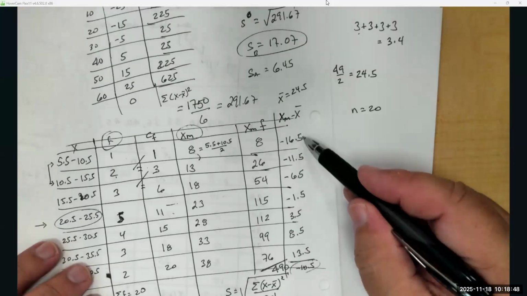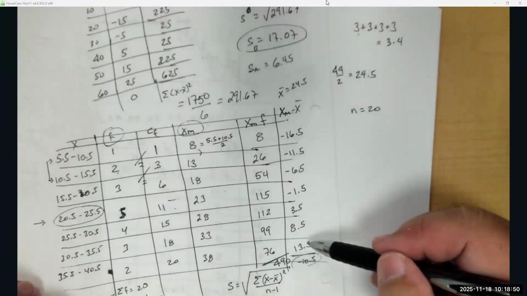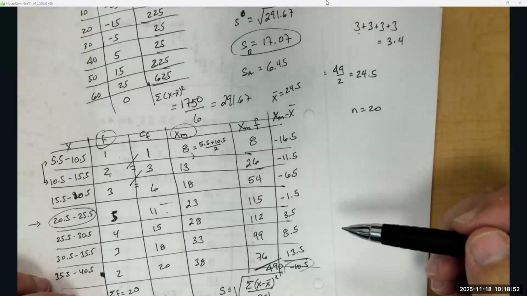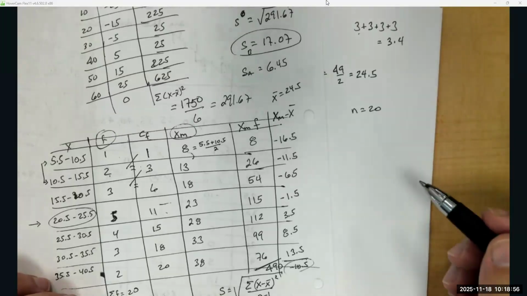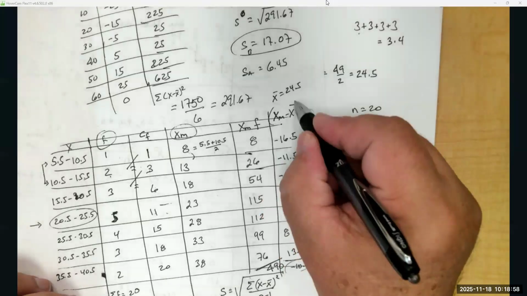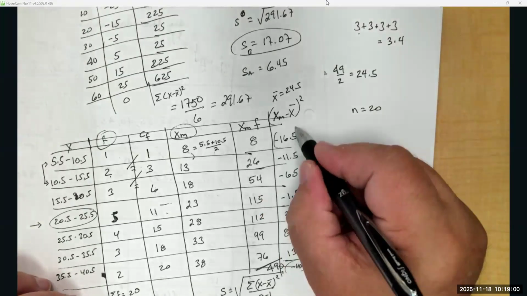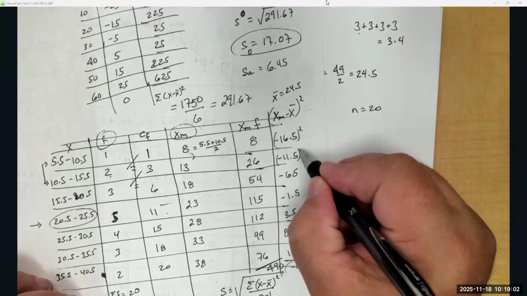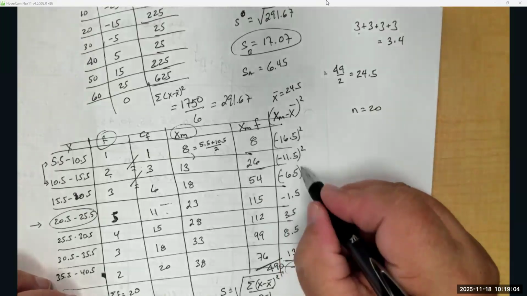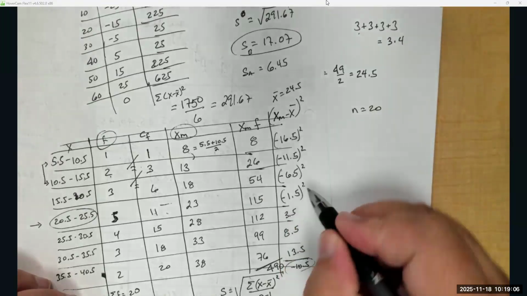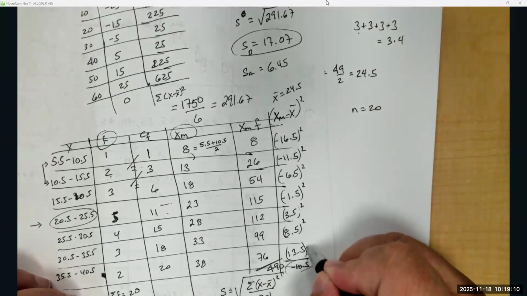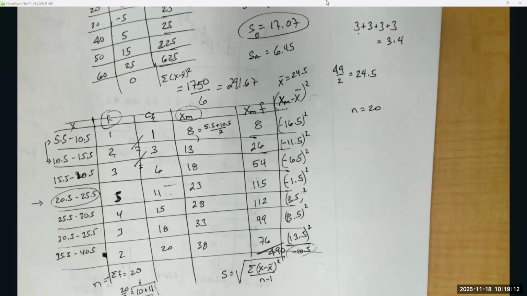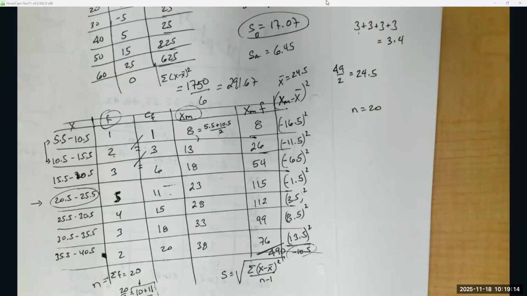So now we take each of these values, square them and then add them up. Now you see why using Excel or something like that is much easier.